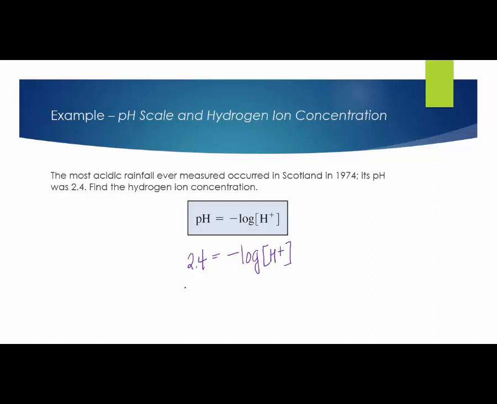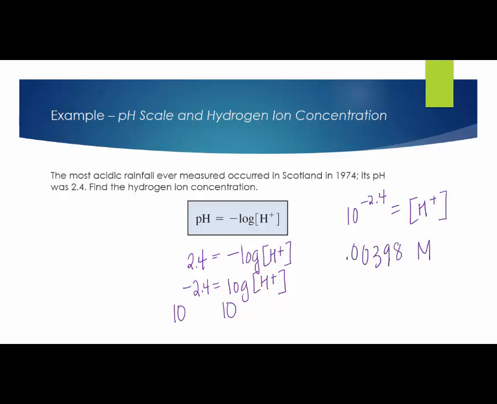I think I'll take this negative to the other side first to isolate my logarithmic expression. And then I can raise both sides with a base of 10 to undo that logarithm. 10 to the negative 2.4 is equal to our hydrogen ion concentration. And that's going to be about 0.00398 moles per liter.